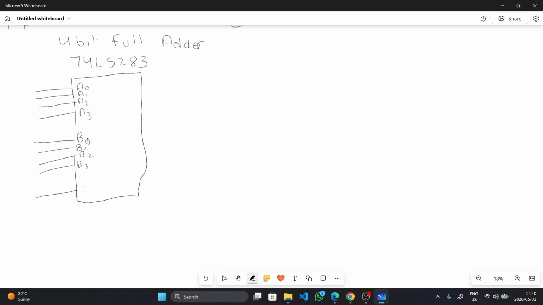Then you have your carry in. Then your output will be sum 0, sum 1, sum 2, sum 3, and then your carry out. Alright, so this is your 4-bit full adder.